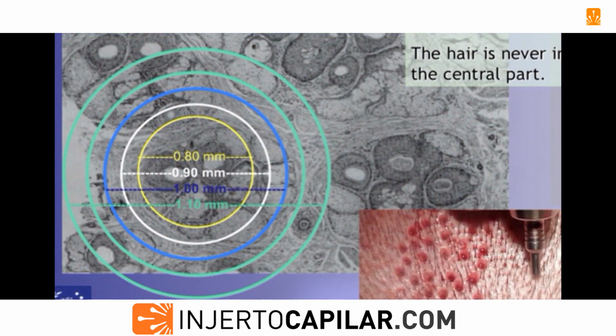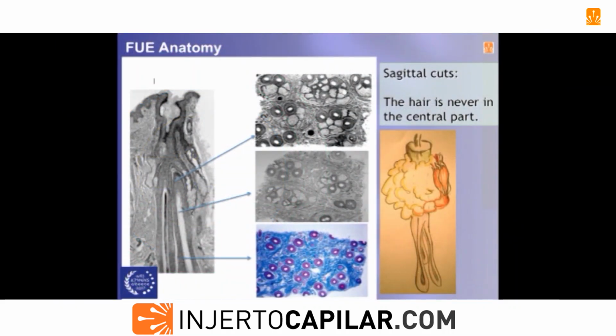That means that the more we open the diameter of our punch, the more damage we can make to the surrounding follicles, increasing the risk of depletion. In conclusion, we cannot use the same punch for all patients. We must use the right diameter for that particular patient.